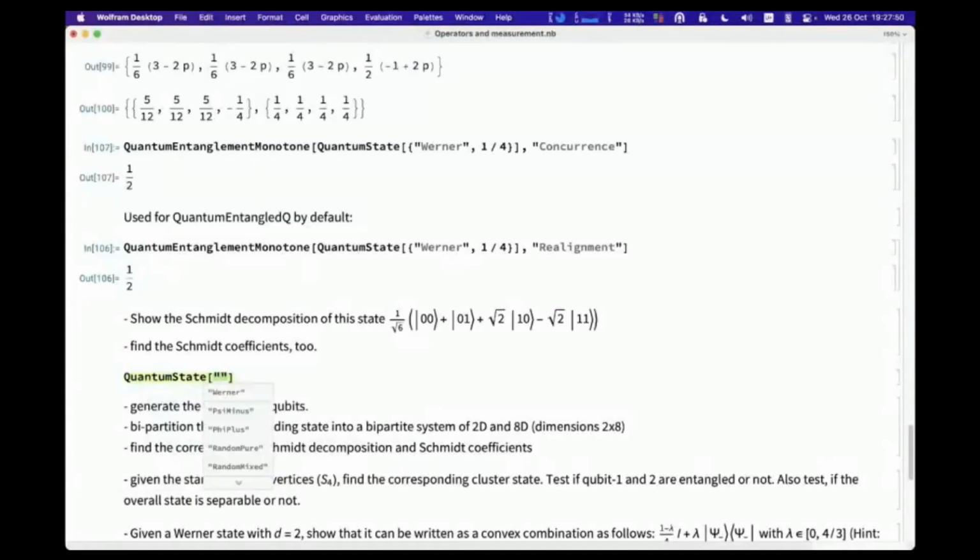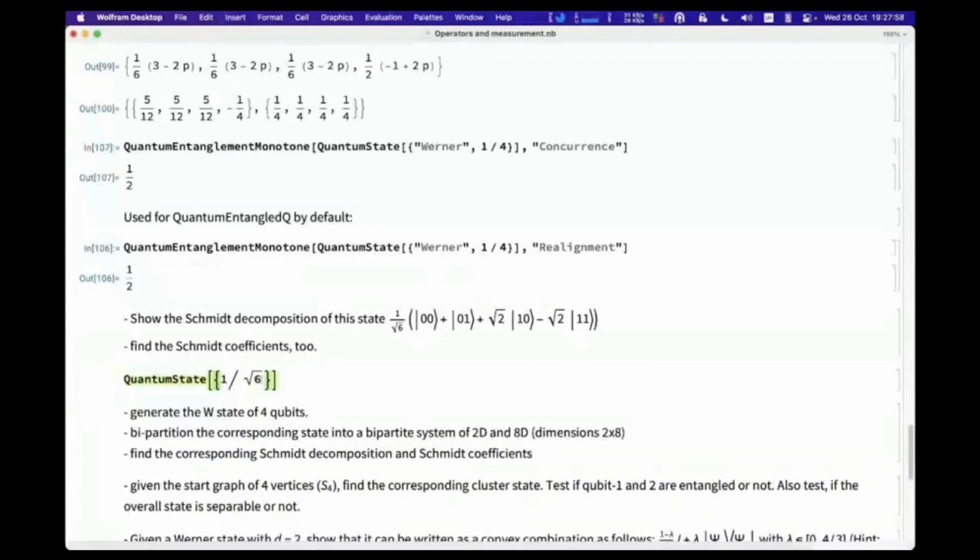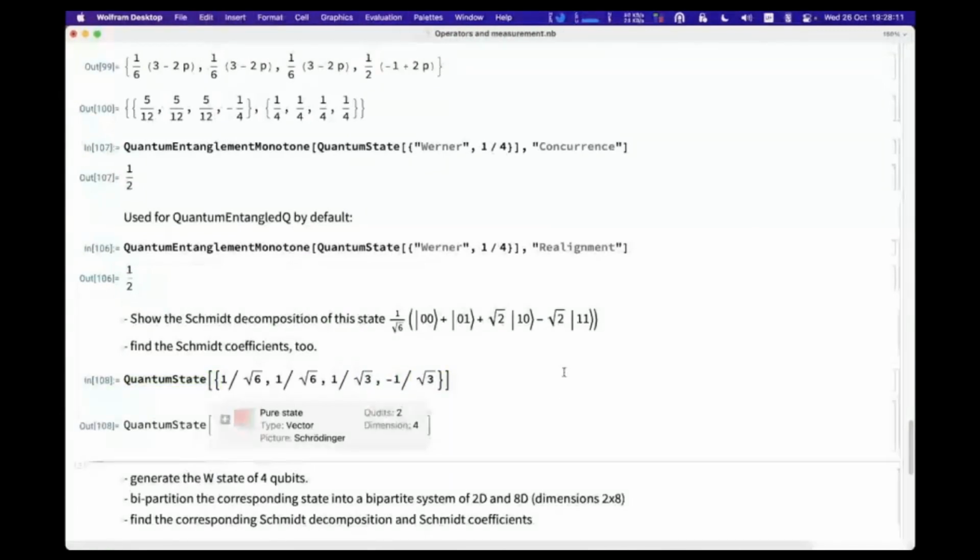So what is it? 1 over square root of 2, negative square root of 2, 1 over square root of 3, or something? Yep, and the last one is a negative of that. So that's our quantum state.